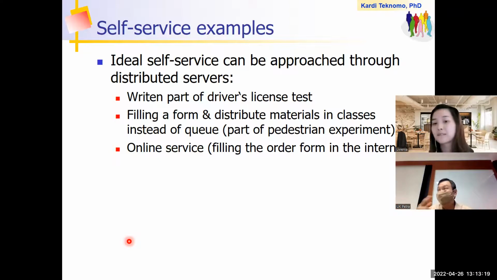So this is an example of self-service. Clear? The same thing with the online service is the pure ideal self-service. If you can ask people to fill the order form on the internet at any time, that is self-service.